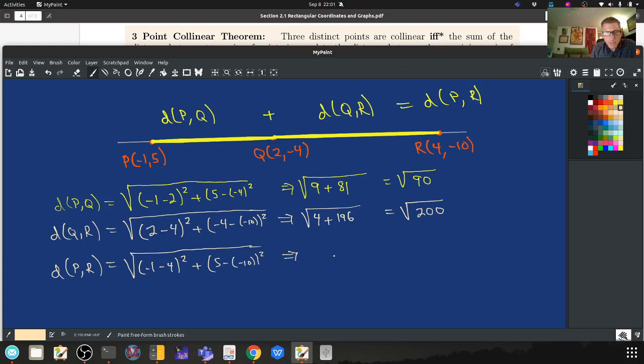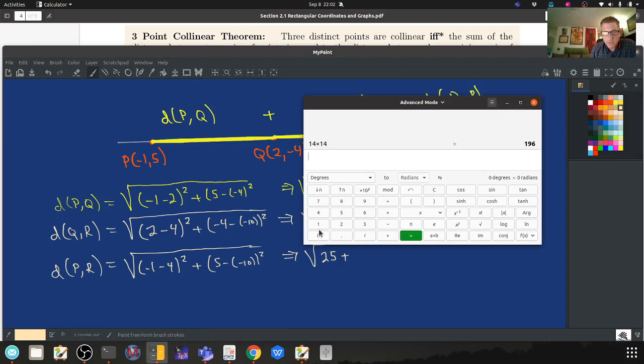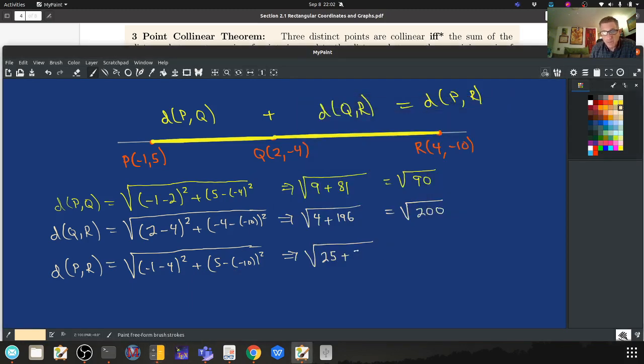And this is equal to minus 1 minus 4 is minus 5. Minus 5 squared is 25. 5 minus a minus 10 is 15. And 15 squared, yeah, I'm going to be lazy again. I'm sure you all don't care. And I'm actually fine if you do that, is 225. But I don't want decimals as roots. So that's the square root of 250.